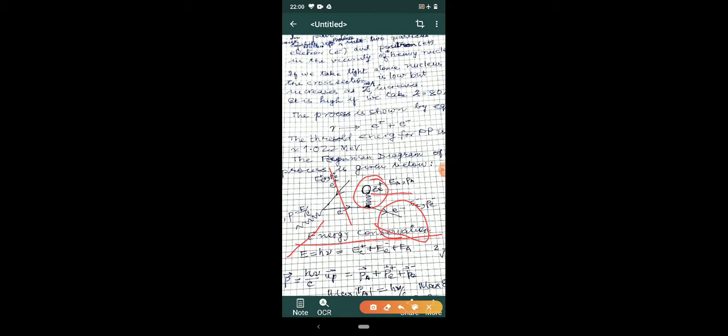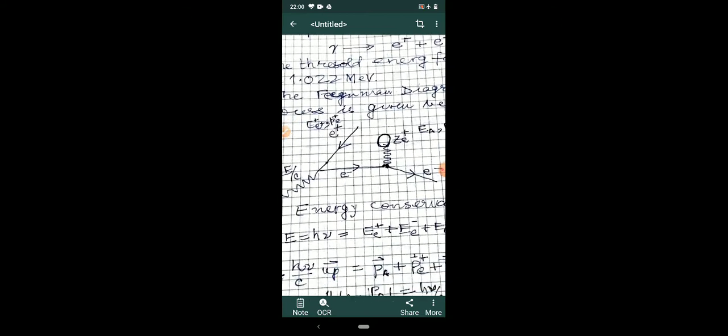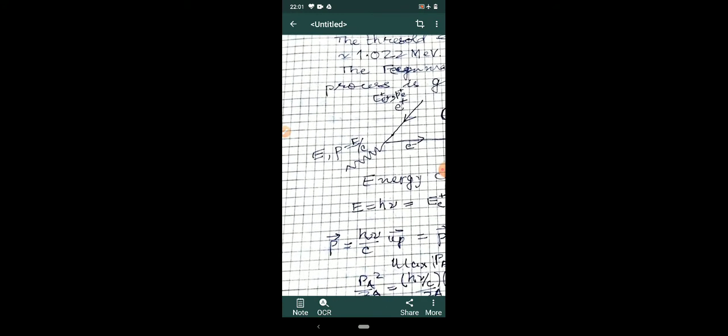If you consider the energy conservation of this whole process, then you know that the incoming energy was E and momentum was P, that is E by c, of the incoming photon, which is above the threshold energy that is required to produce the pair. Then you have the energy conservation.